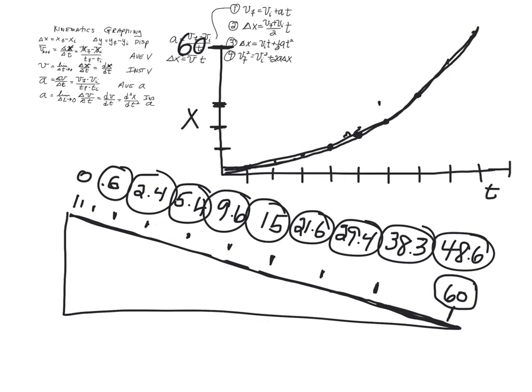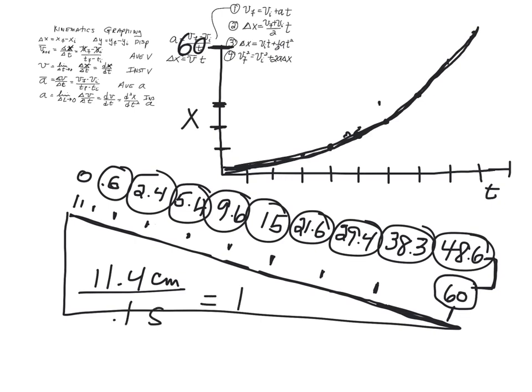Now notice, in order to graph velocity versus time, we're going to have to get the velocities. Now watch, let's just do V final, like the way we did it in lab. The last interval, notice, it's 11.4 centimeters in 0.1 seconds.